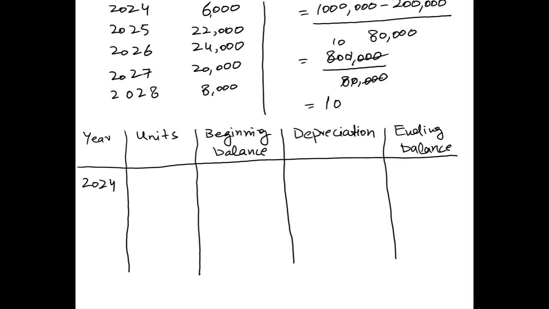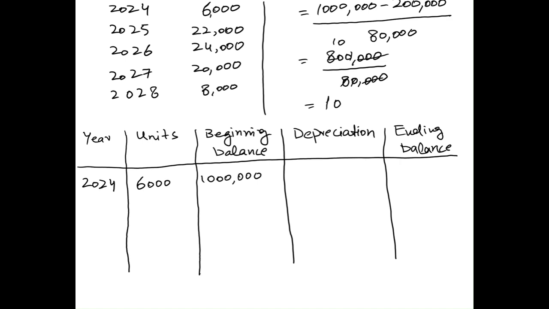So the year is 2024. The number of units that are expected to be produced by this asset in 2024 is 6,000. The beginning balance is $1 million. So in this case, the depreciation that you're going to plug here will be, so we have 6,000 units, and on a per unit basis, the machine goes down in value by $10.